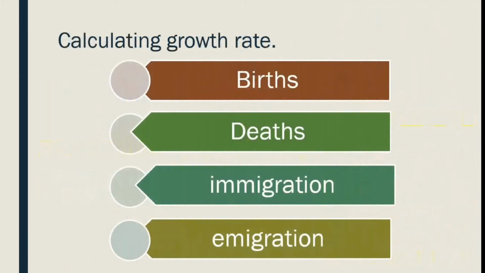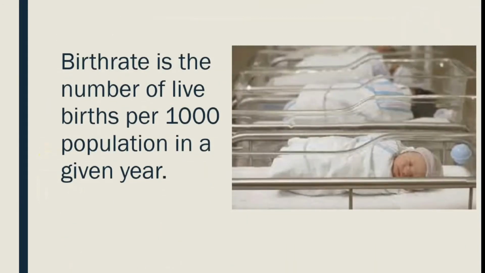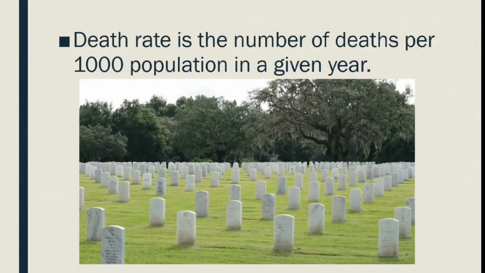Calculating growth rate. There are a number of factors that determine population growth rates. These are birth, deaths, immigration, and emigration. Birth rate is the number of live births per 1,000 population in a given year. Death rate is the number of deaths per 1,000 population in a given year.